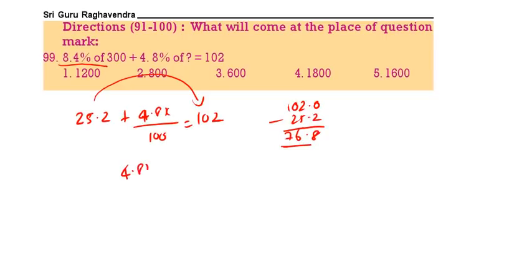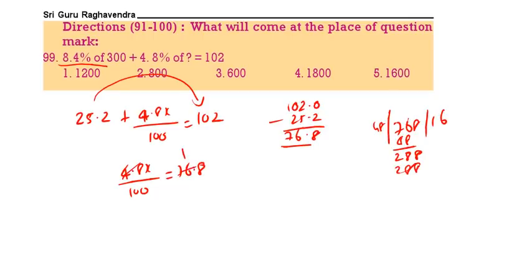So 4.8x by 100 is equal to 76.8. Now do the calculation, 768 with 48. 48 once 48, then we are getting 288, 6 times. So this is 16. So x value is 16 into 100, that is 1600. 1600 is the correct answer.